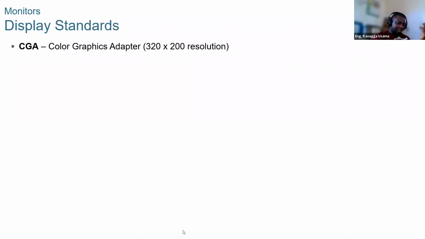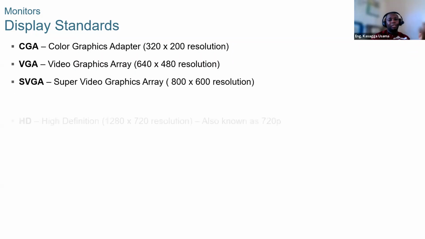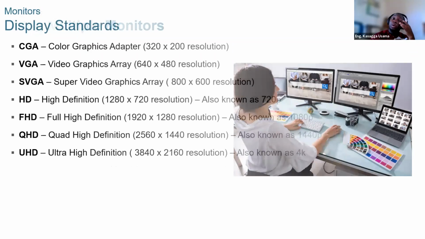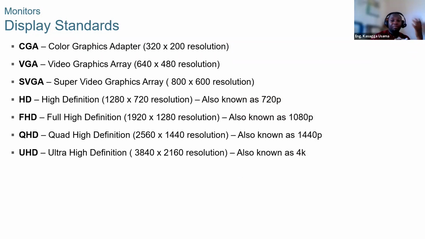The display standards that we need also to understand. We have the color graphics adapter, or the standards are very many. You can find them here. The VGA, the HDMI, these are standards when you are buying the type of monitor.